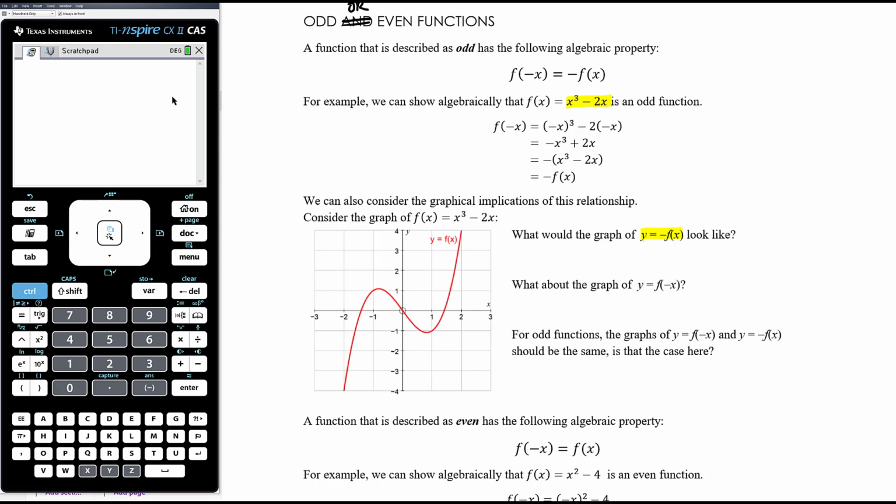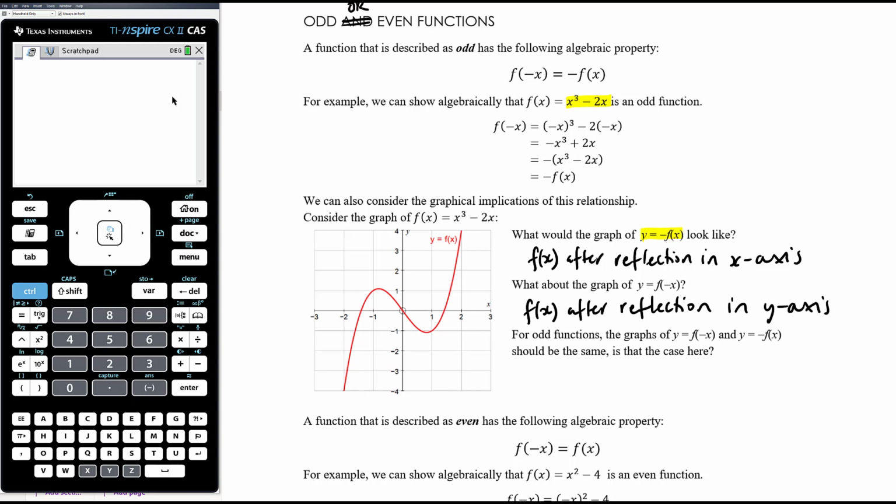It would look like f of x after reflection in the x-axis. Whereas f of negative x is f of x after reflection in the y-axis. So when we have odd functions, negative f of x and f of negative x are the same.